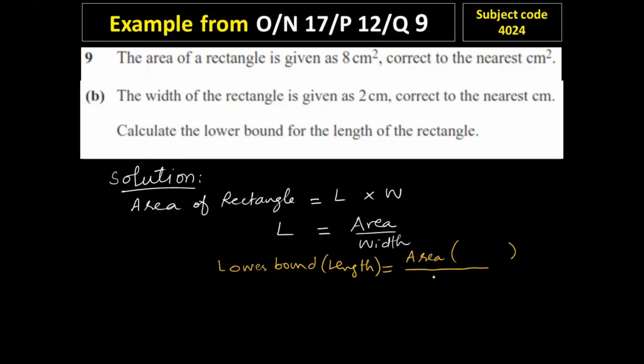Recall the notes for division: if it is lower bound, the area must be lower bound and the width must be upper bound. So lower bound area.